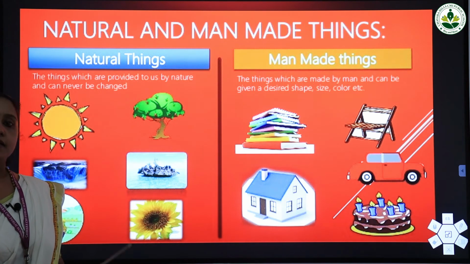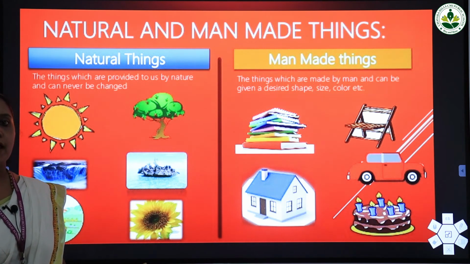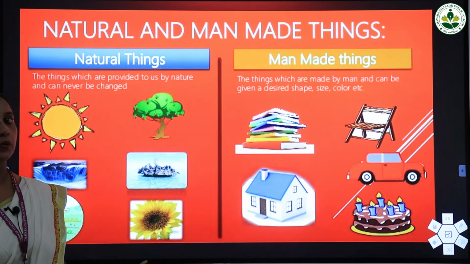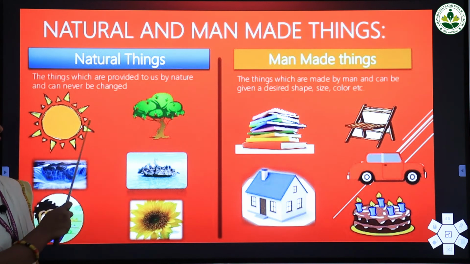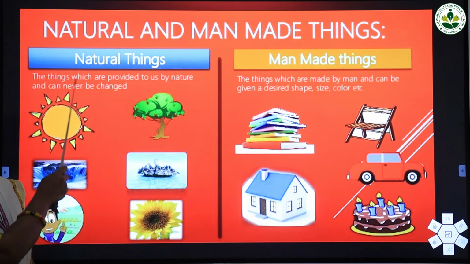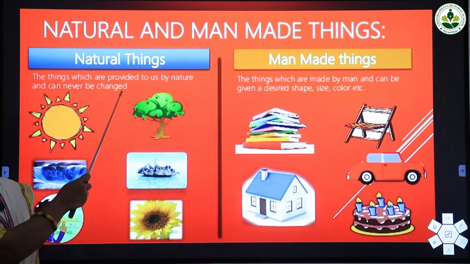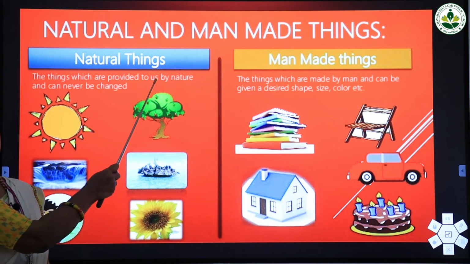Now, are these things living things? Do they have life in them? No, they do not have any life in them, and they do not have any characteristics of living things. These objects are found in nature. So, such things which are found in nature are known as natural things.